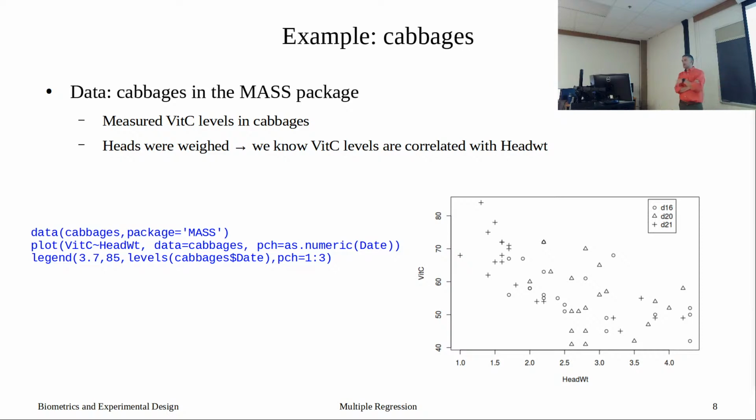If we look at head weight and vitamin C levels, what we see is an interesting negative correlation. Graphically, it looks like as head weight increases, our vitamin C levels decrease. What's the Pearson's correlation of that relationship?